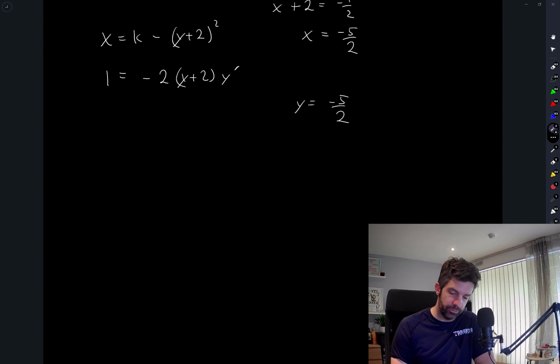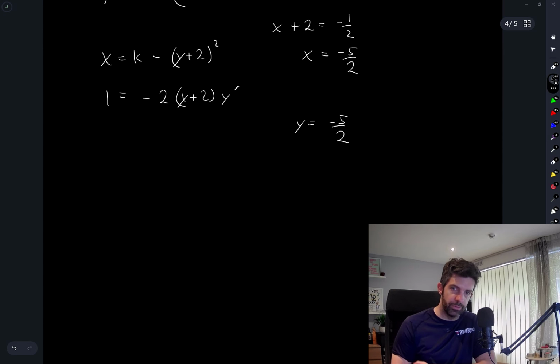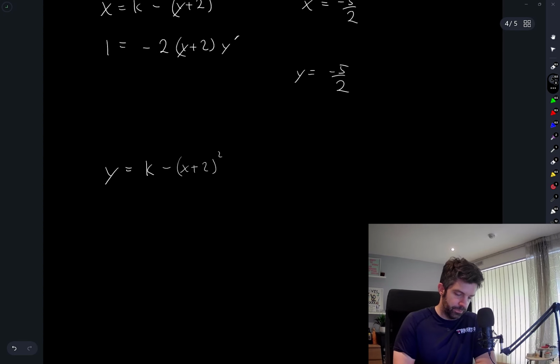Okay, so if x and y are both equal to negative 5 over 2, let's take one of these equations. y is equal to k minus (x plus 2) squared. So negative 5 over 2 is equal to k minus (negative 1 over 2) squared.